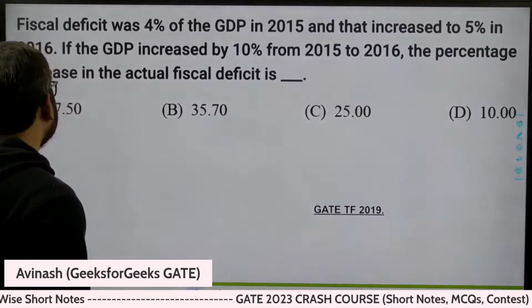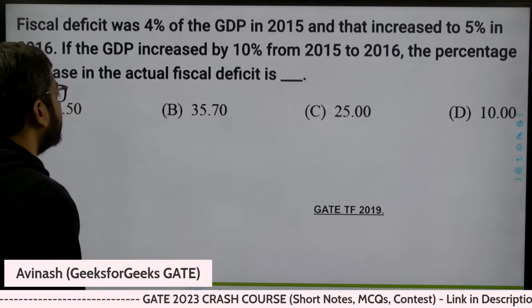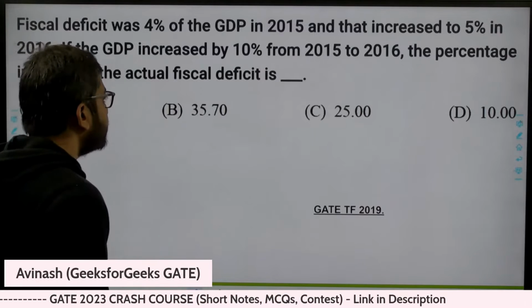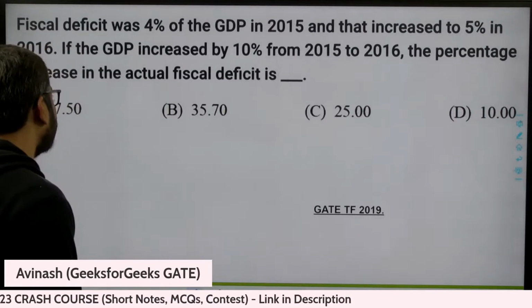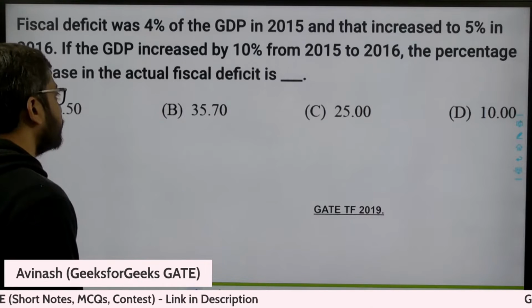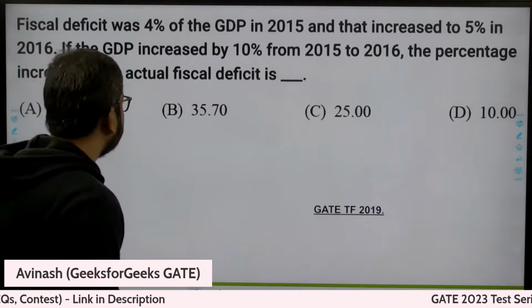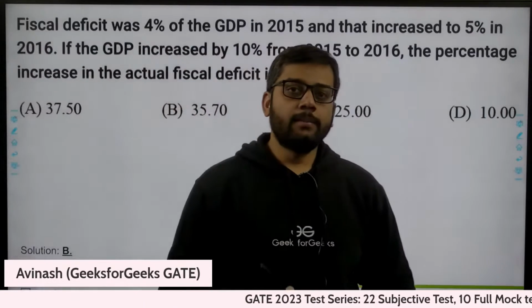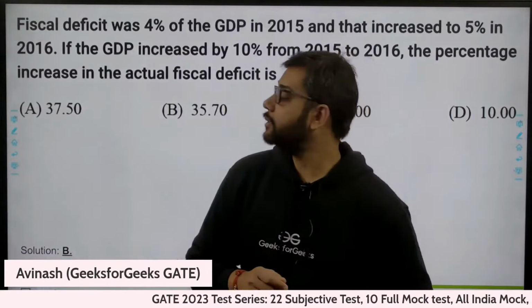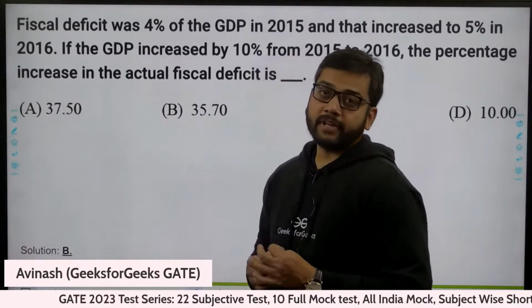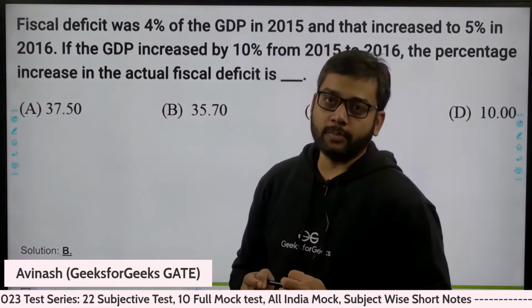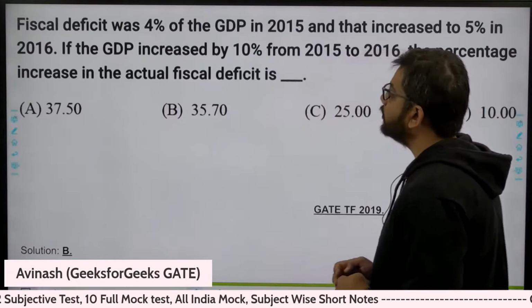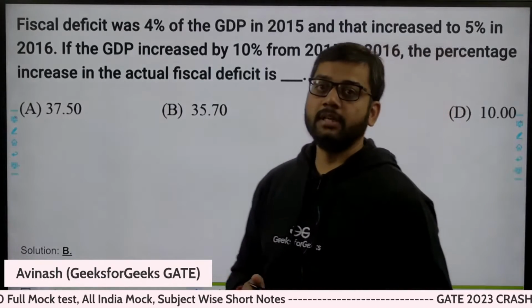See this question. FD was 4% of the GDP in 2015 and increases to 5% in 2016. If the GDP increased by 10% from 2015 to 2016, the percentage of increase in the actual FD is? The first thing is, they have tried to manipulate you by using the financial term fiscal deficit.